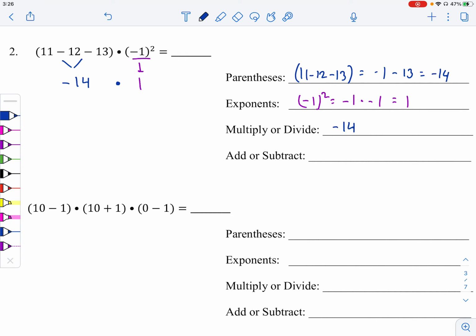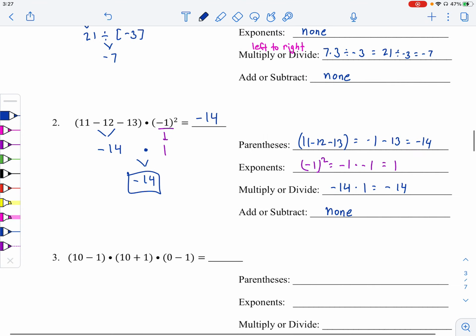Negative 14 times 1 is negative 14. Right there. So that made it easy. And at subtract, there is none. So this is our answer, negative 14. We write it in our answers right there.